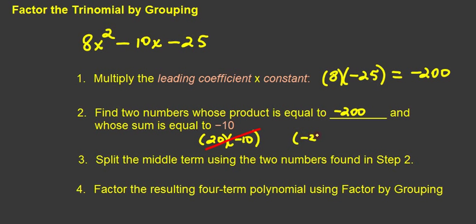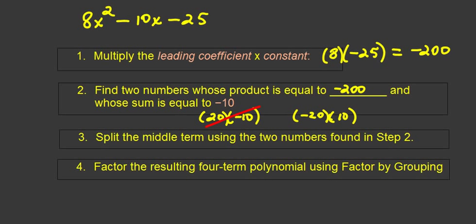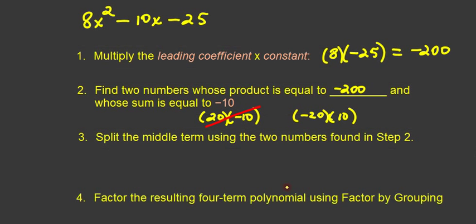If we do negative 20 times a positive 10, that multiplies together to give us a negative 200 and add up to a negative 10. So that's step 2. Step 3 says you split the middle term using the two numbers we found in step 2. So here's what that looks like.